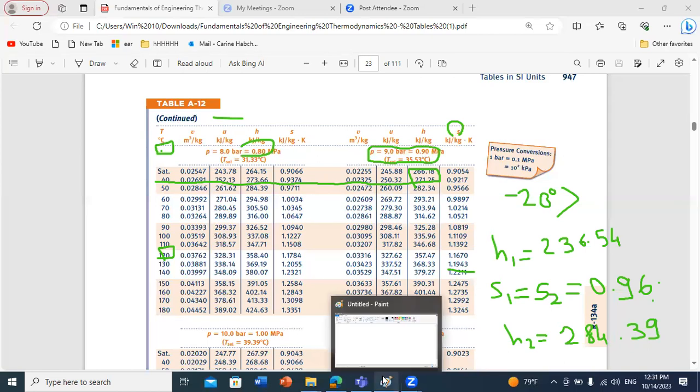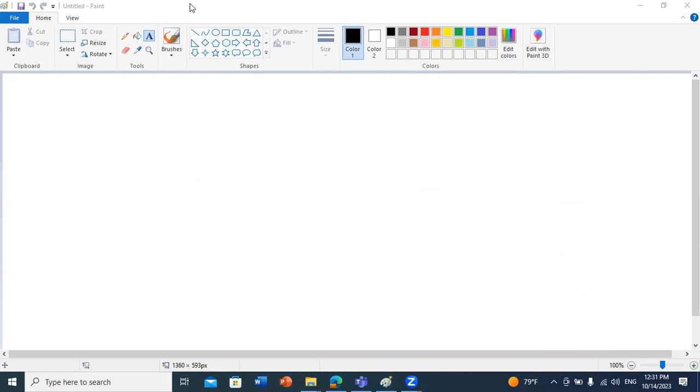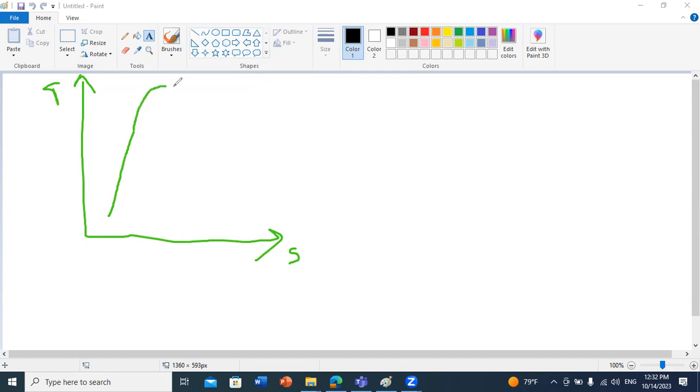Now, going back to our figure, if you want to illustrate the process, this is T, this is S. So we were able to verify that the compressor process is taking place in the vapor zone. And this is the reason why we use a compressor instead of a pump.